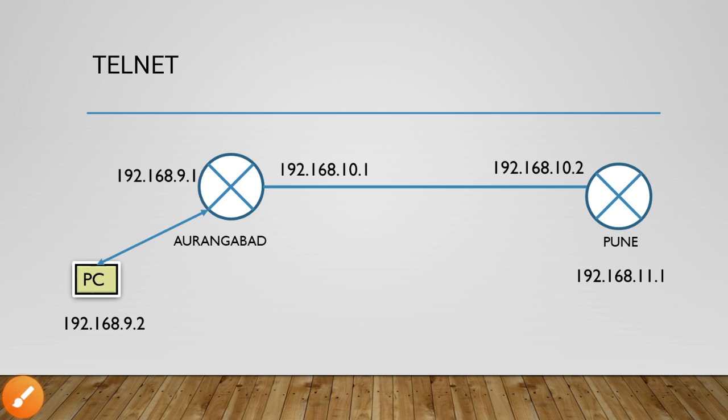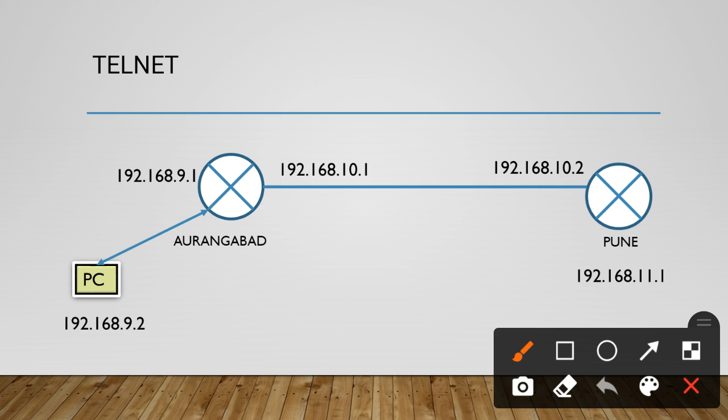This can be explained with the help of this diagram. Suppose this is our PC having the IP address 192.168.9.2, and it is connected to a router present in Aurangabad. The router has its own address, 192.168.9.1.